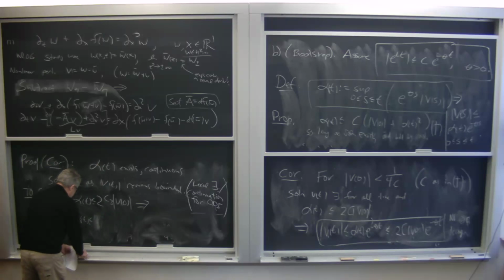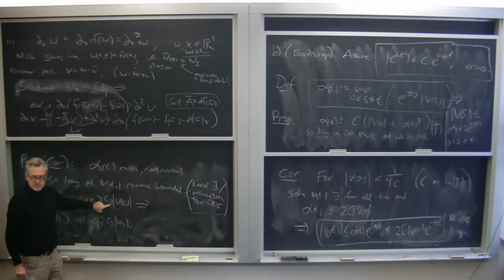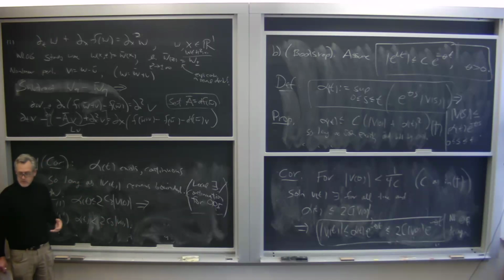Strictly less. That's all we need. The only difference is the inequality. Because if this is true, then we can never reach this upper bound. Because if we do pass this bound, there would be a first time we reach it. And at that first time, it would be a contradiction.